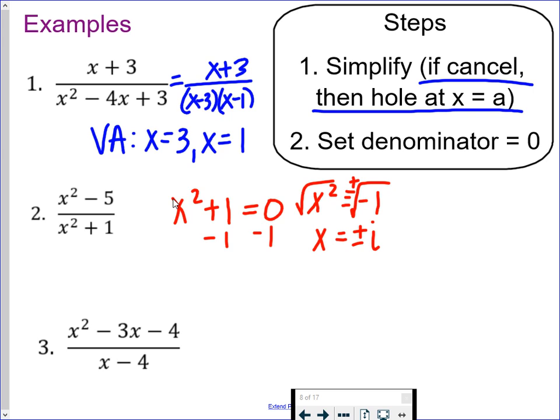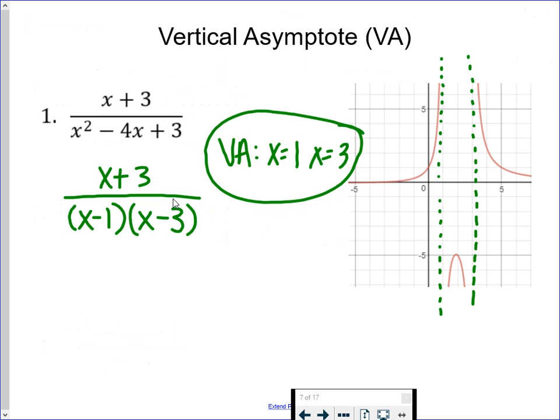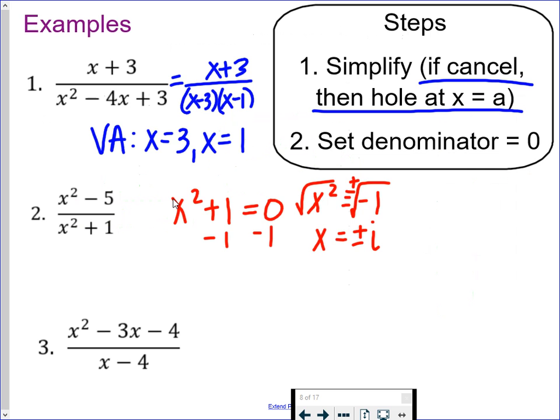These look like imaginary lines, but they are not allowed to be imaginary numbers. If you set the denominator equal to 0 and get an imaginary number, for your vertical asymptotes you're going to put none. Even though they look like imaginary lines, you cannot have imaginary vertical asymptotes.